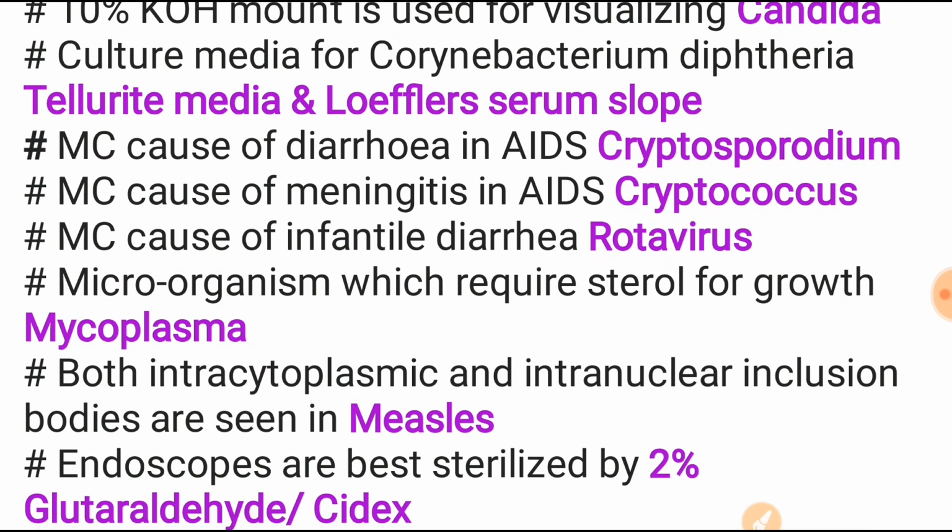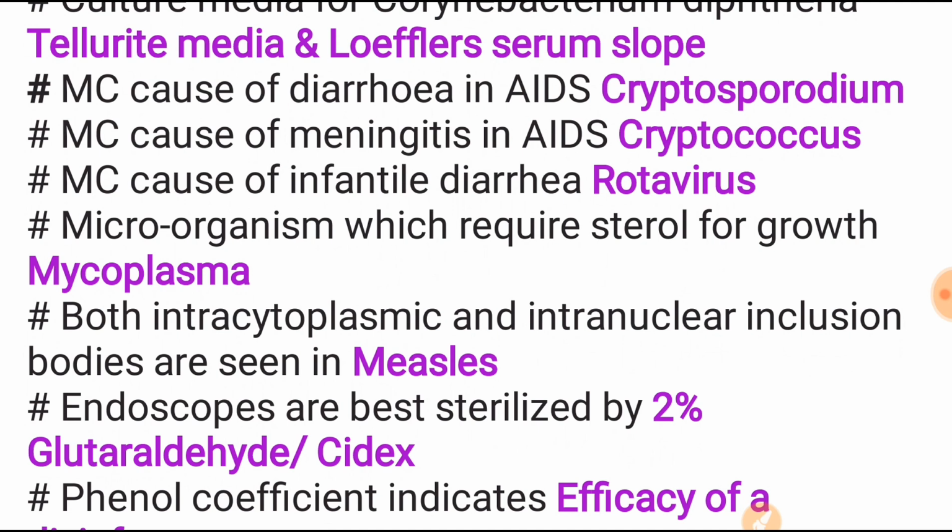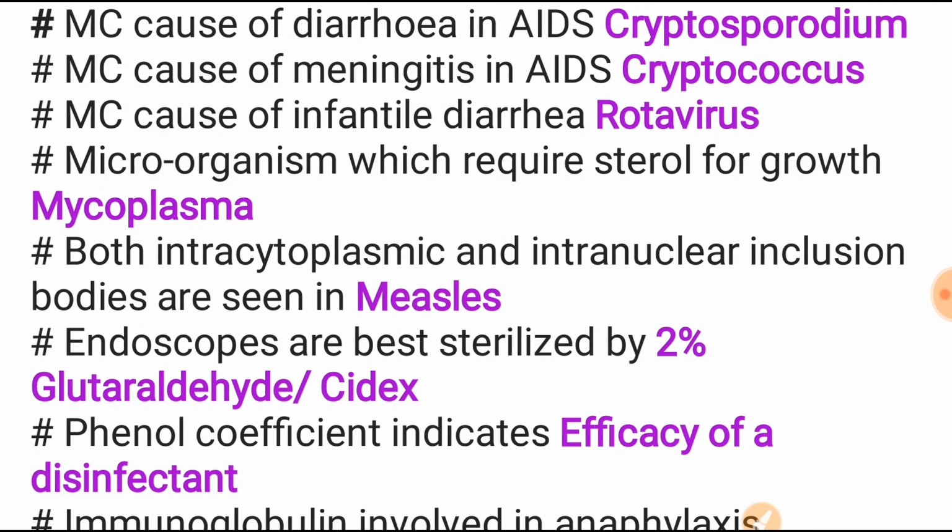Microorganisms which require sterol for growth will be Mycoplasma. Both intracytoplasmic and intranuclear inclusion bodies are seen in measles. Endoscopes are best sterilized by 2% glutaraldehyde or CIDEX.